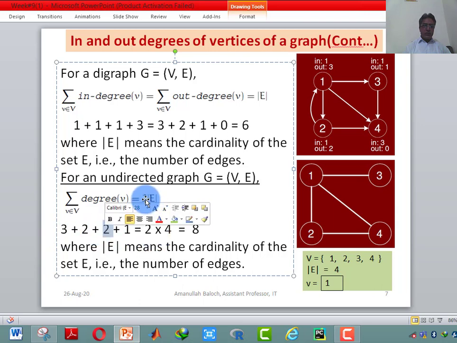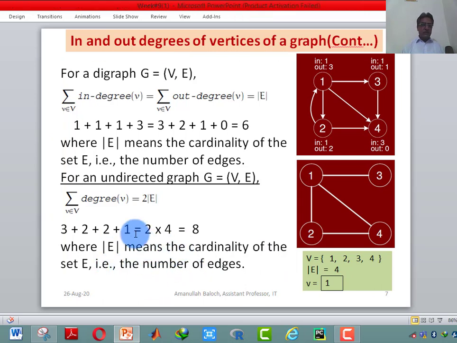All this becomes 3 plus 2 plus 2 plus 1 is equal to 8, and 2 times the cardinality of E, the cardinality in this case is 4, so 2 into 4 is equal to 8. So this equation is also satisfied, that is, the sum of the degrees of all the vertices in the graph is equal to 2 times the cardinality of E. The value of cardinality was 4 in the undirected graph, where E means the cardinality of the set E, that is the number of edges.